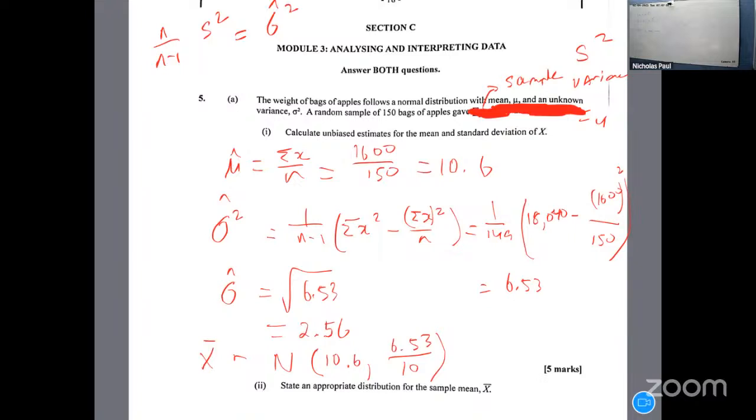But because we estimated population variance, you will see the 1 on n minus 1 outside. So my advice is if they are finding this unbiased estimate, then use 1 over n minus 1. So that formula you give me there is technically s squared.